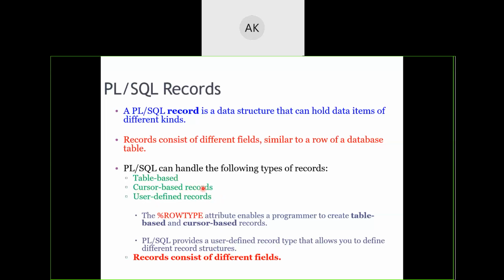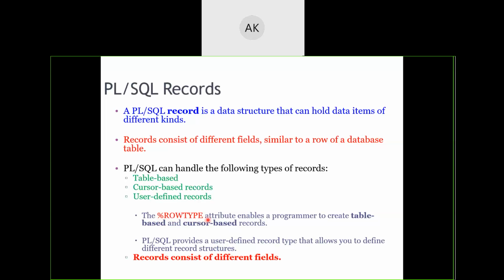Just like we had %TYPE to copy the data type of a particular column of a table into our own PL/SQL variable, if I want to copy the data types of all the columns for a particular row in a table, I can do so using the attribute called %ROWTYPE.